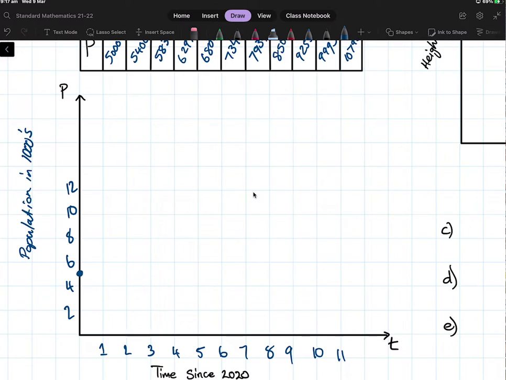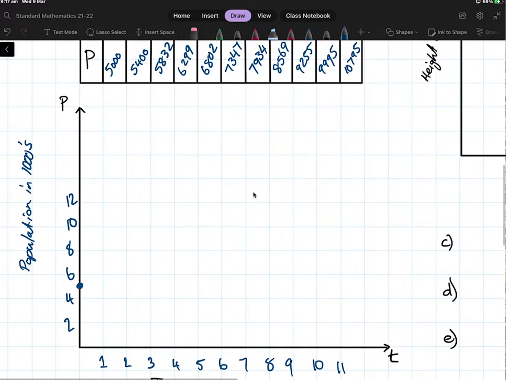And because this is an exponential model, 5,400 is somewhere here.